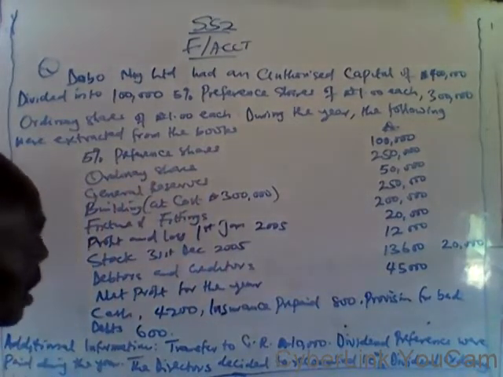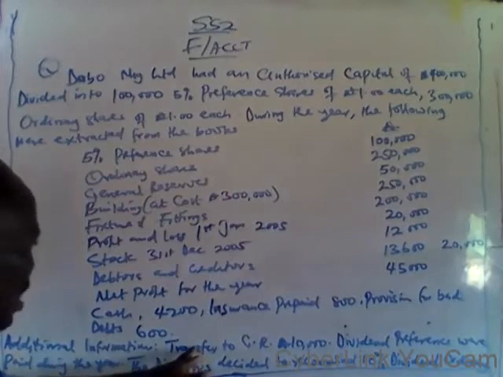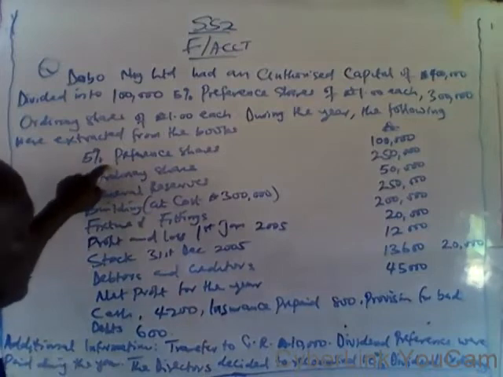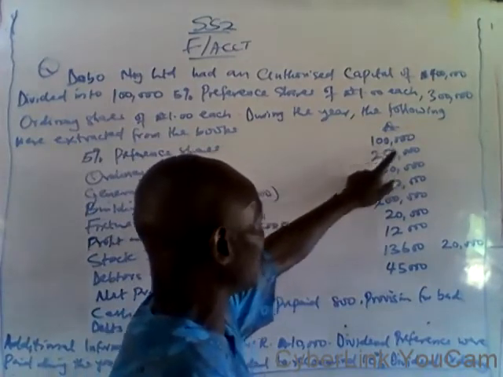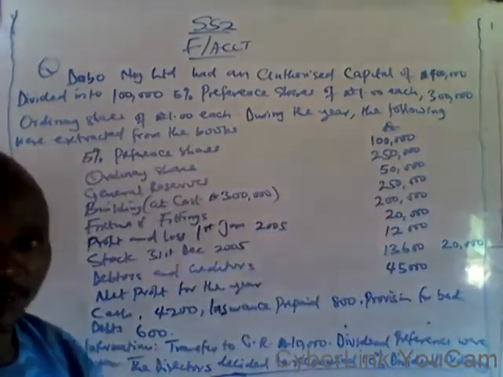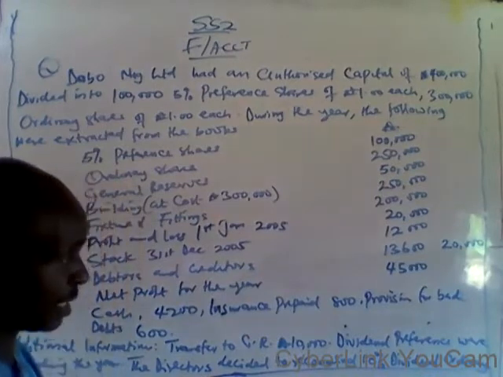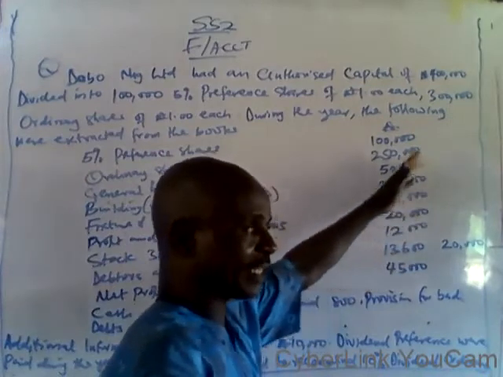And you have the dividend on the 5% preference shares: 5% of 100,000 will give us 5,000 naira.